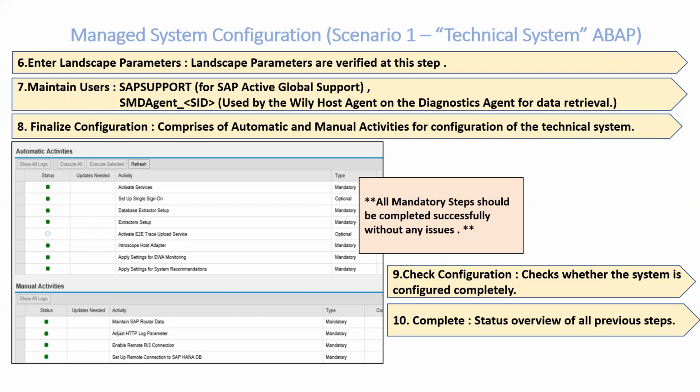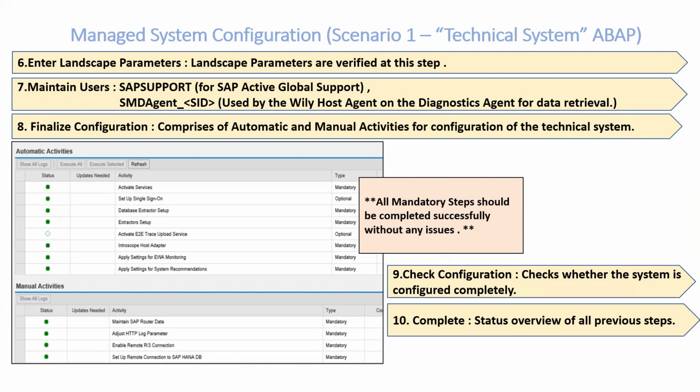Next comes the finalize configuration, which includes multiple automatic and manual activities. All mandatory steps within finalize configuration should be completed successfully without any issues. Let us look into the various steps involved here. Activate Services step activates the STCCN and the connection test services.